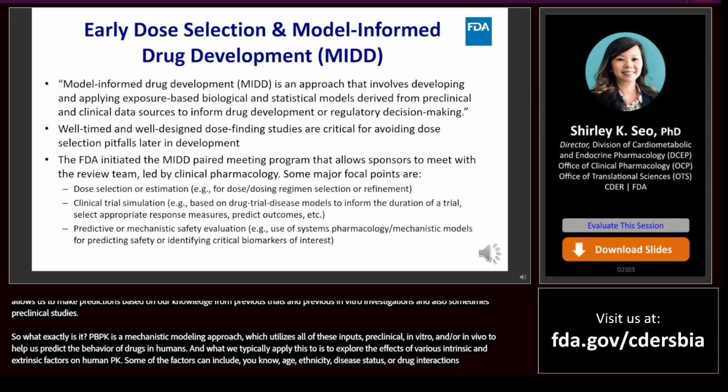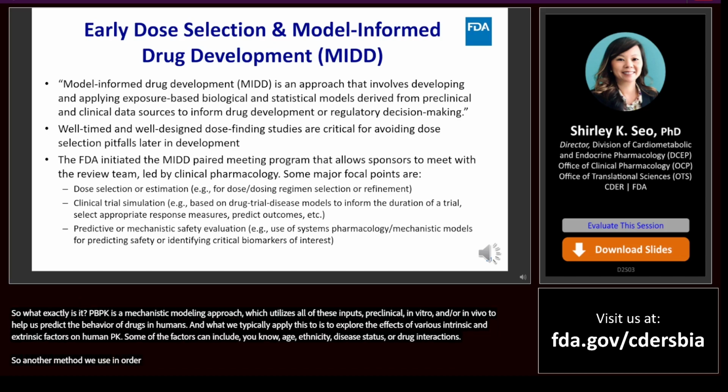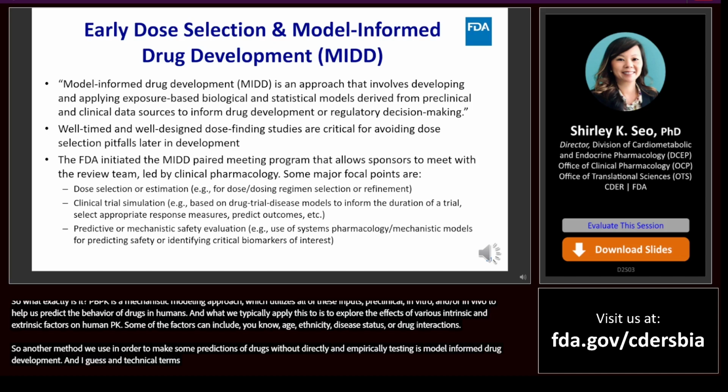Some of these factors can include age or ethnicity, the underlying disease status, or even sometimes drug interactions. So another method we use in order to make some predictions of drugs without directly and empirically testing it is model-informed drug development. And I guess in technical terms, PBPK can actually fit under this larger umbrella of MIDD, because MIDD is an approach that involves developing and applying exposure-based biological and statistical models derived from preclinical and clinical data sources to inform drug development or regulatory decision making.